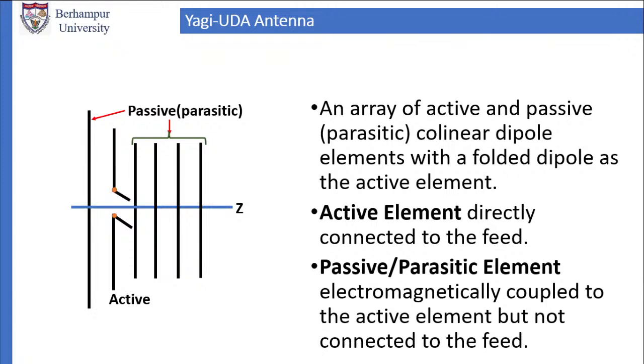Okay. Now we will come to the Yagi-Uda antenna, the construction of a Yagi-Uda antenna. The Yagi-Uda antenna is an array of active and passive or parasitic collinear dipoles. What does that mean? Collinear dipole elements with a folded dipole as the active element. Active element is the element which is directly fed, to which you give the feed.